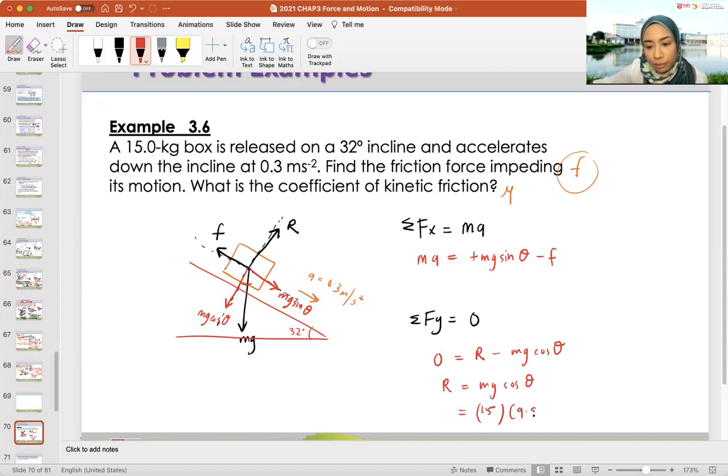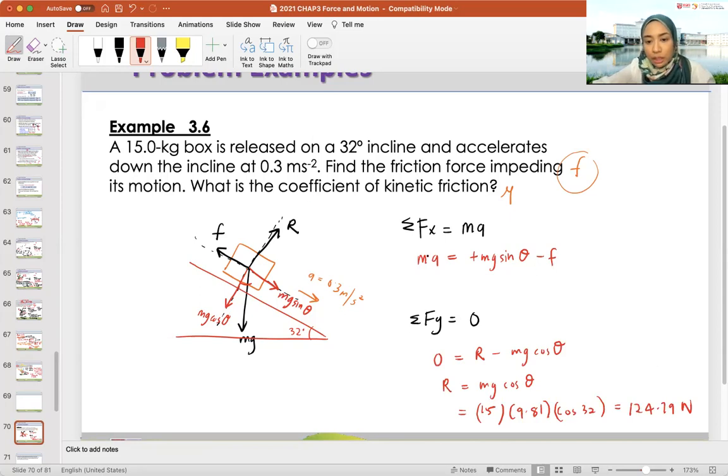G is 9.81, cosine of 32, and this would give me 124.79 newtons of reaction force. So we solve for this guy.